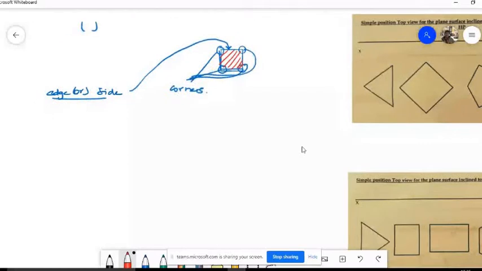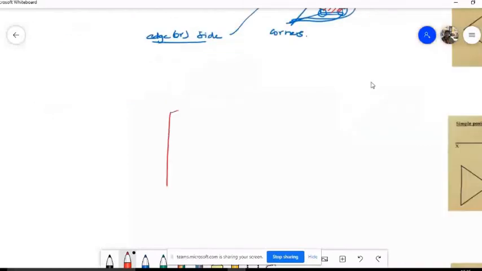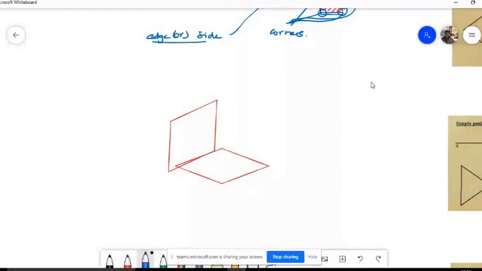Let's take this as my first quadrant. Let's assume that my plane is something like this: one end is touching the VP and the other end is at some distance in front of the VP.